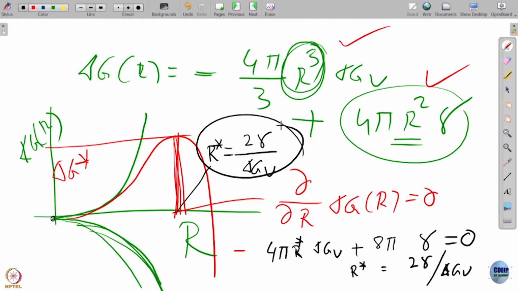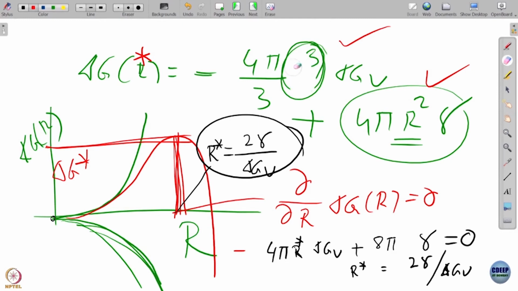Now, what do I want to do? I want to put this value of r star into this, to find this barrier. So, I put r star equals 2 gamma by delta GV here. I'll use the same equation, and that will work out beautifully.